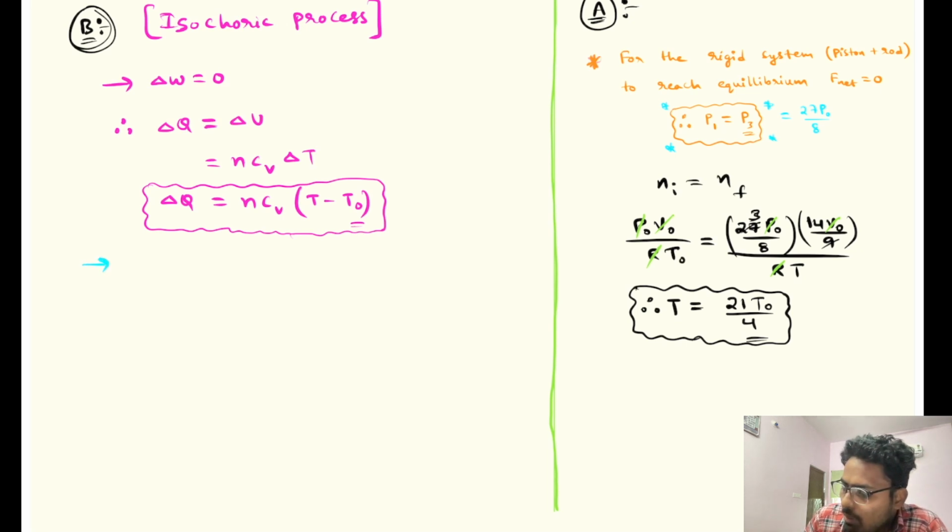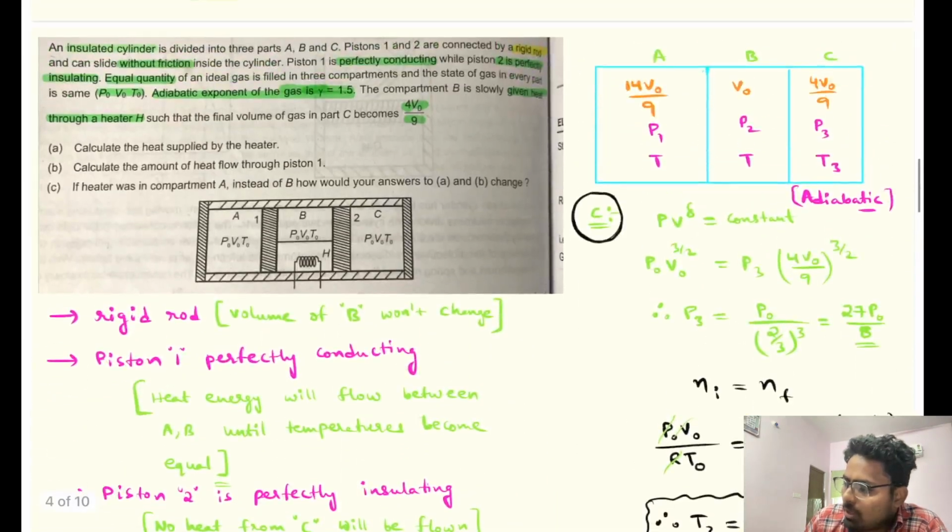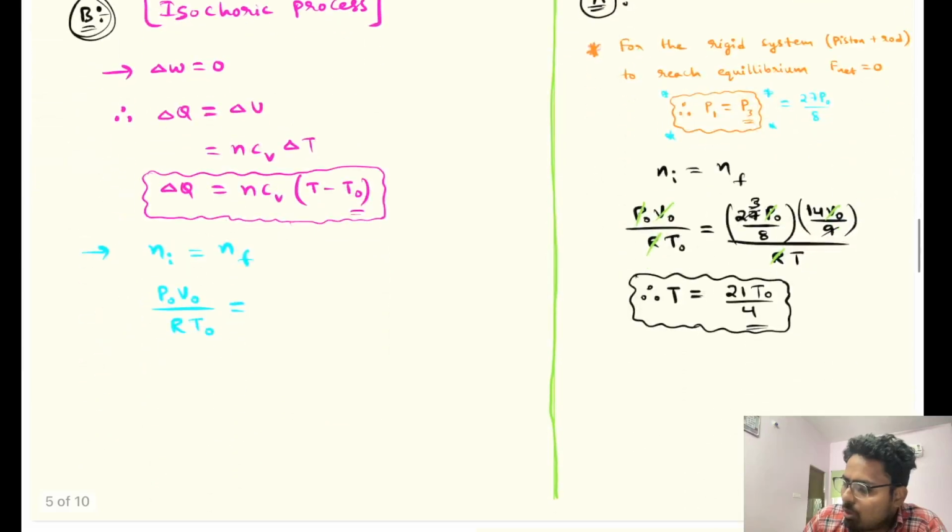So here also in compartment B, initial moles equal to final moles. Initial moles P naught V naught by R T naught, which is equal to the final pressure that we got, P2, which I don't know, that I need to find. P2 into final volume, which remains the same, into RT, which we have just found as 21 T naught by 4.